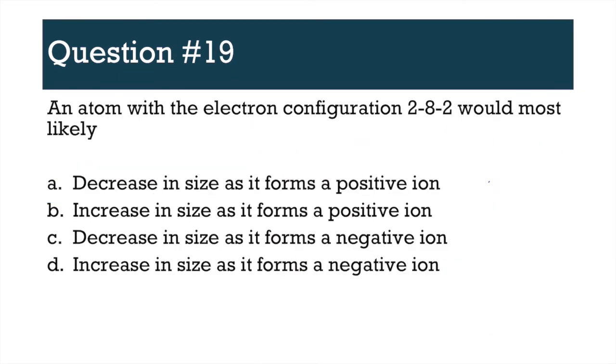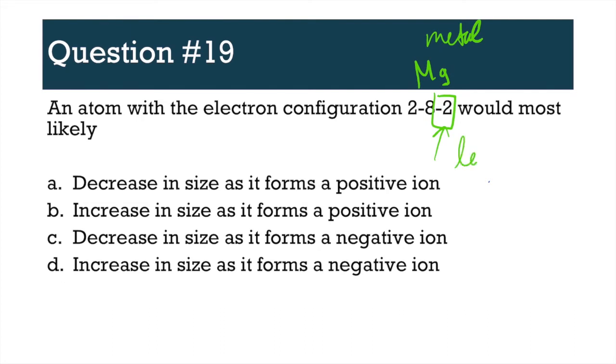Number 19 says, an atom with the electron configuration 2-8-2 would most likely what? If you look at this last shell, it doesn't matter what element it is, but if you care to know, it is magnesium, a metal. Even if you didn't know that, would it be easier to lose 2 or to gain 6?